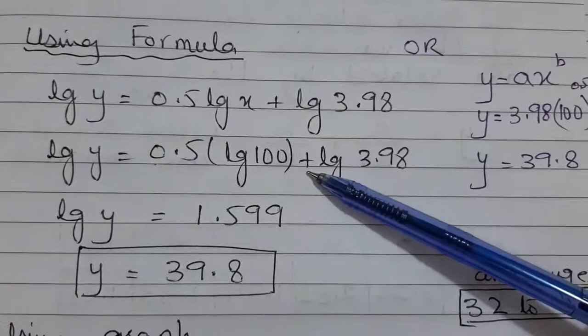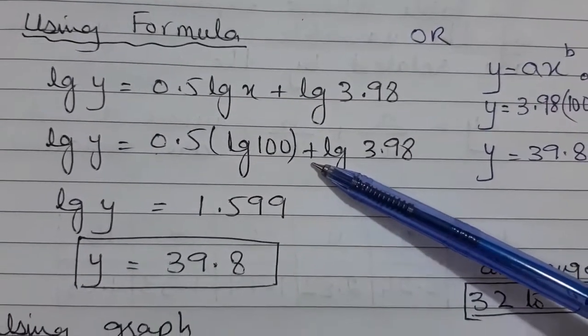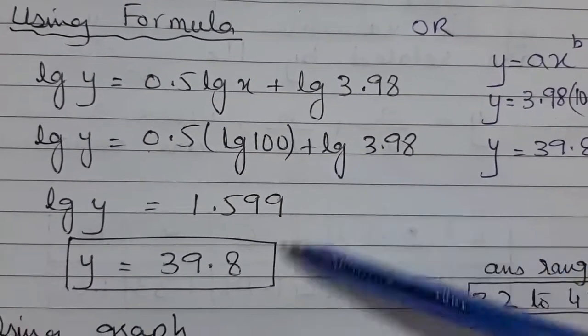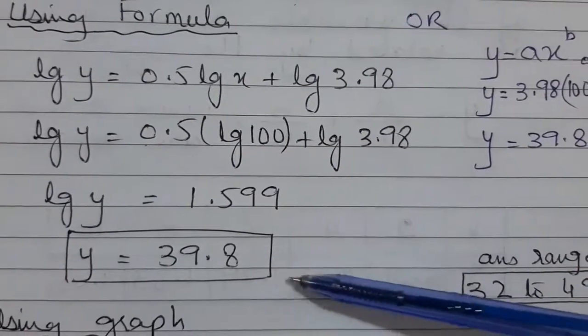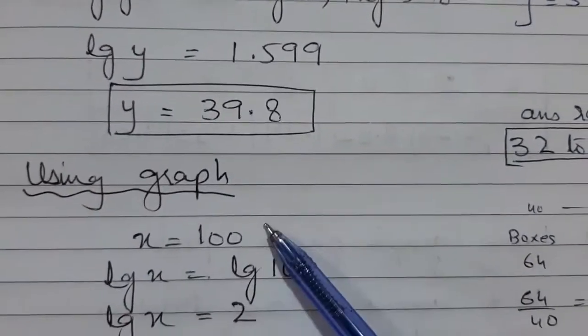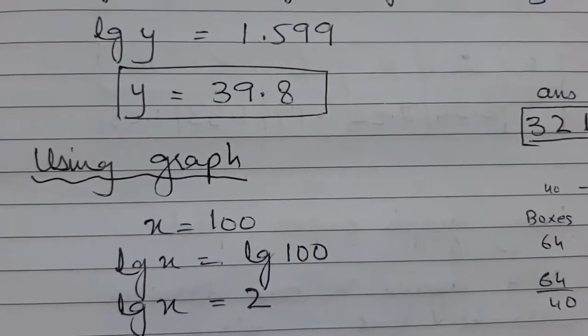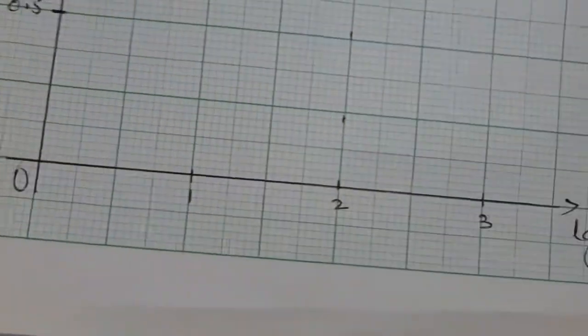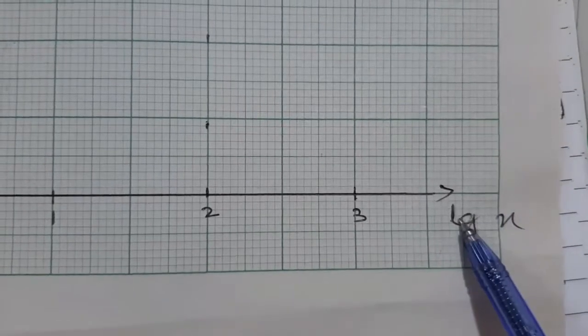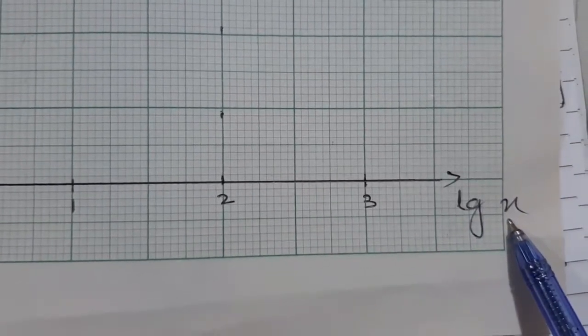If you want to use this equation, the modeled straight line or linear law, fine, you can see the answer is the same. Or if you want to use the graph, what will you do? The question is saying when x is 100, but on the graph paper, you don't have x, you have LGX, right?